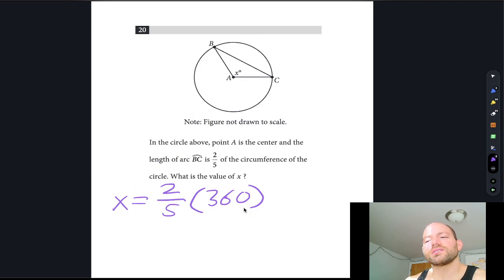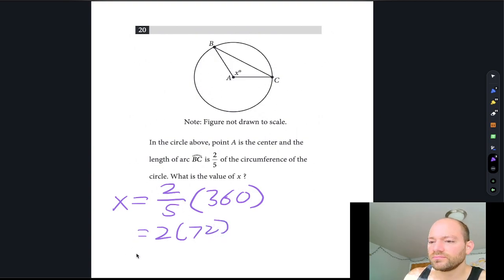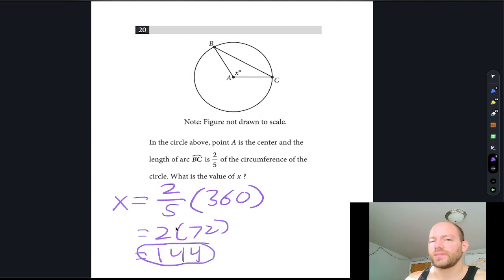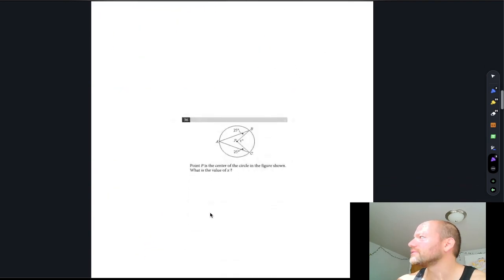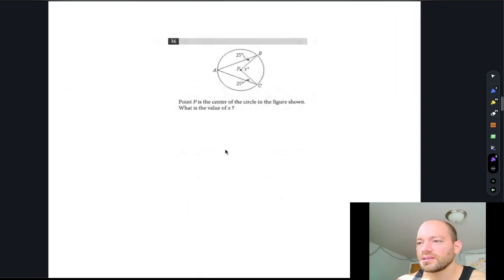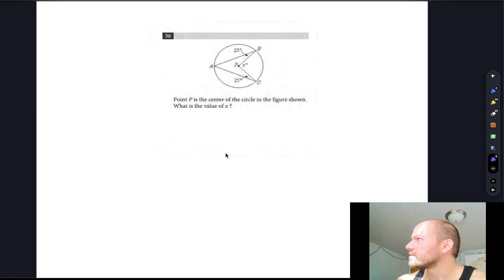So then 360 divided by 5 should be double that, double 36, right? Which is 72. So we end up with 2 times 72, which is 144. Is that correct? Let me know in the comments if that's correct, but I'm pretty sure we're good here. Because 5 times this would be 10. Yeah, that works out. Little shortcut for you. Okay, let's look at this one.